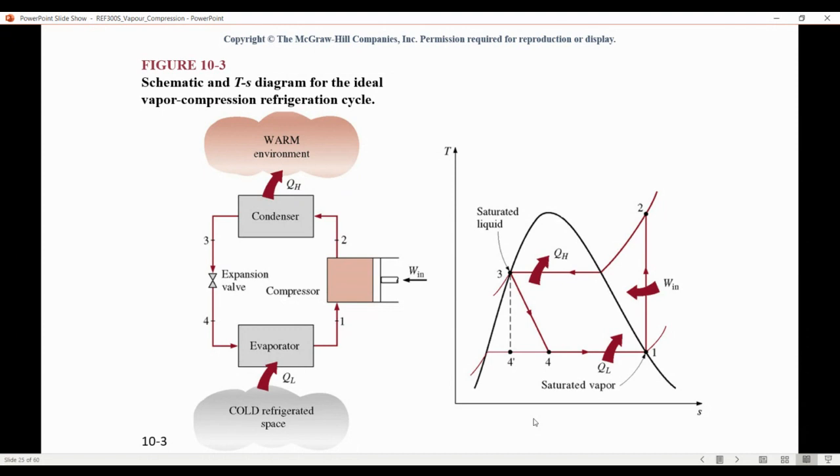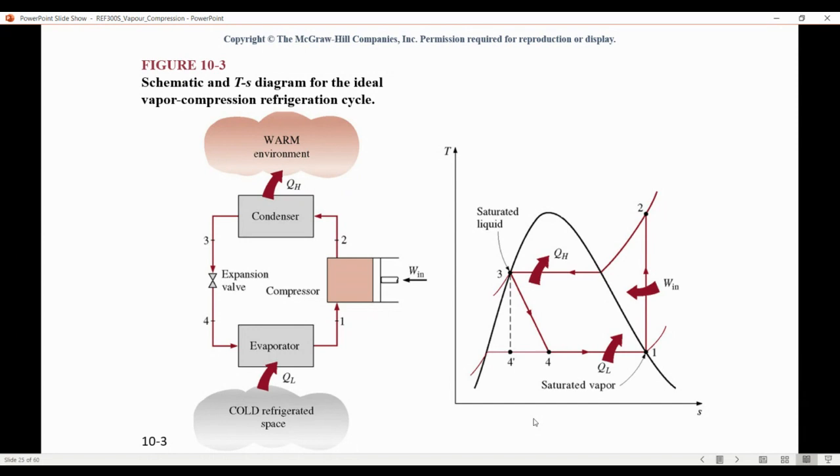From the schematic on the left, we can put that on a TS diagram, where it's going to form some kind of thermodynamic cycle, right?